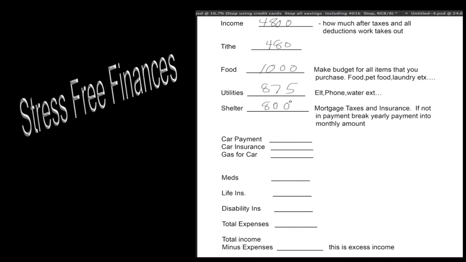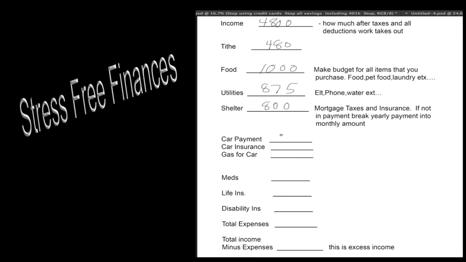Now if you rent, that would go here also, but if you have a mortgage that doesn't have your taxes and insurance in there, go ahead and take the yearly amount and divide it by 12, because everything in your budget, all these items that are on your budget portion of your cash flow, they need to be broken down monthly so that it's there.